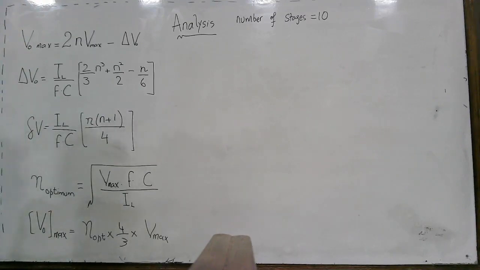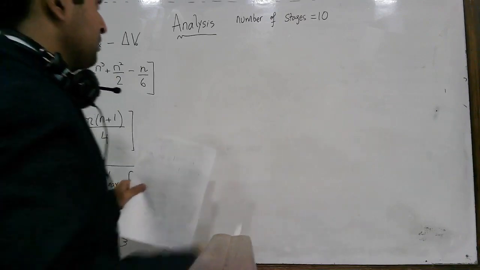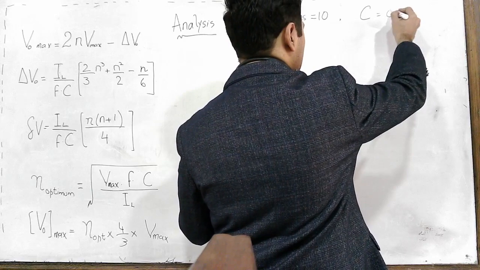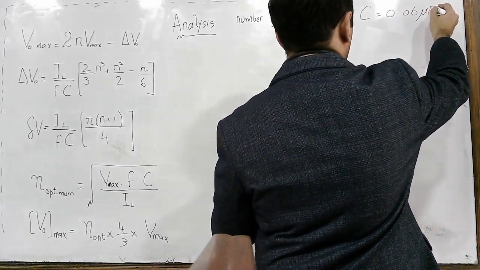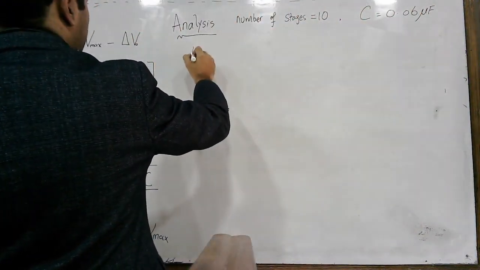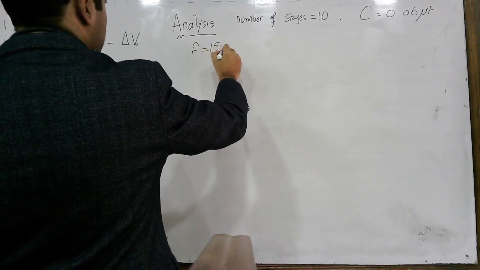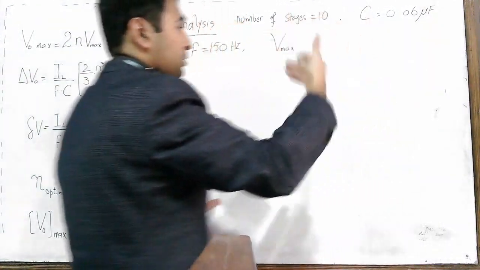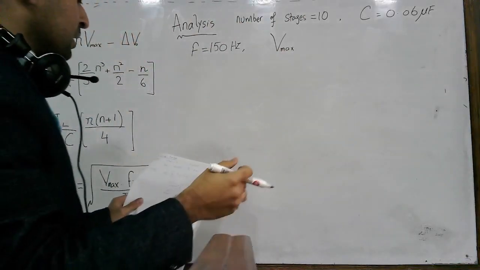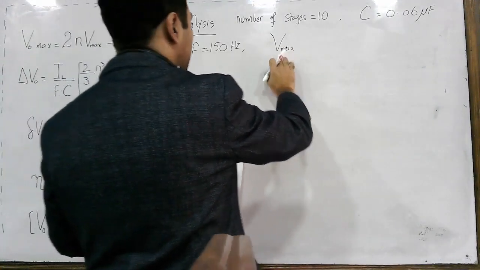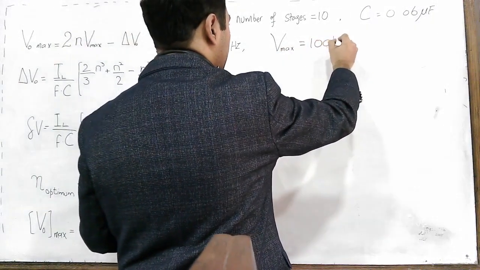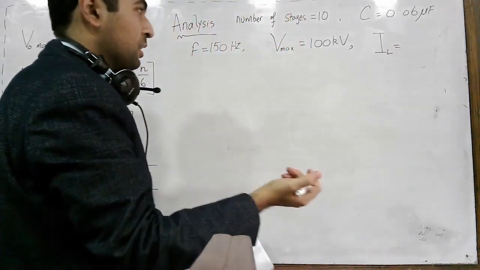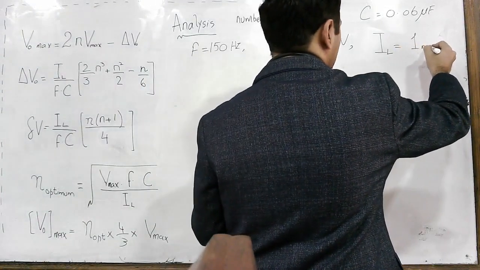We had a practical circuit in our lab, and it has 10 stages, and the capacitors connected in each stage are each 0.06 microfarad, and the supply frequency we have is 150 hertz, and the transformer which we are using to power up the multiplier has a peak value at the secondary of 100 kilovolt, and the loading current which the test object can draw is 1 milliampere.